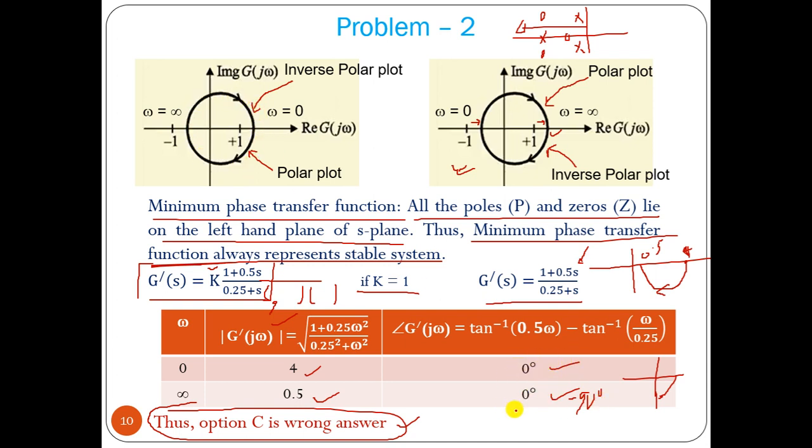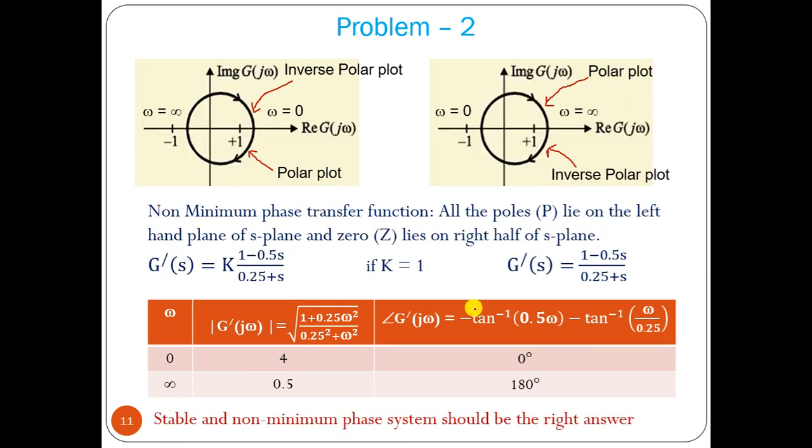Okay, that angle we are not getting from here, but magnitude we are getting, but angle we are not getting appropriately. Starting from minus 180 degree, a 0 degree to minus 180 degree. Okay, we are not getting that. So this is not true.